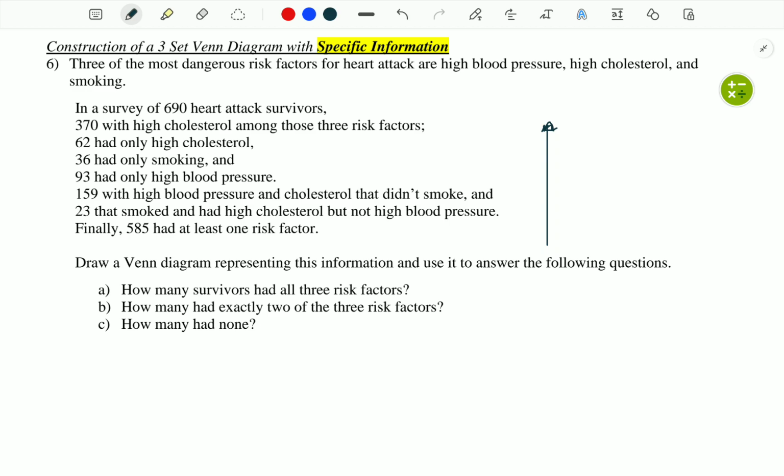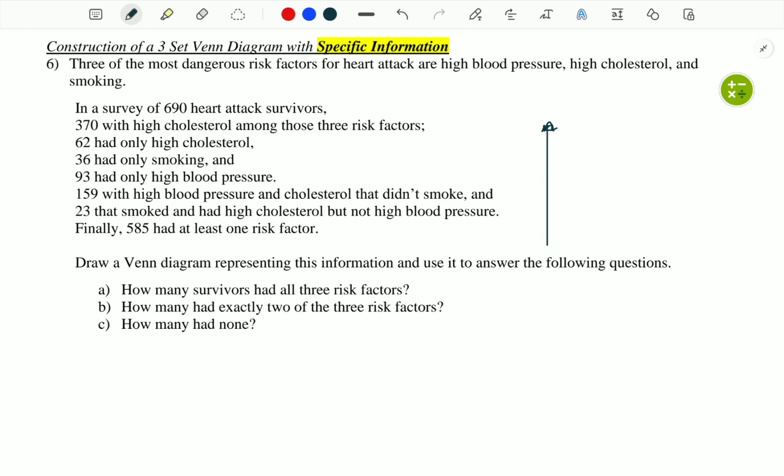As you can see, those are very specific. Now read this next part. 93 only had high blood pressure. I think I read that already. 159 with high blood pressure and cholesterol that didn't smoke. So that's 2 of the categories, but excluding the third.